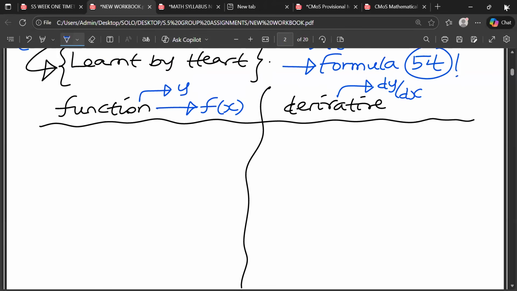I gave you a very good introduction of this topic. I don't want to over-explain. Those who have issues, you're requested to revisit the earlier sessions. Then if they use f of x, the derivative is f prime x. So don't mix things. I don't want you to have f of x and then you do dy dx. I don't want you to have y in terms of x, then you write f prime x.